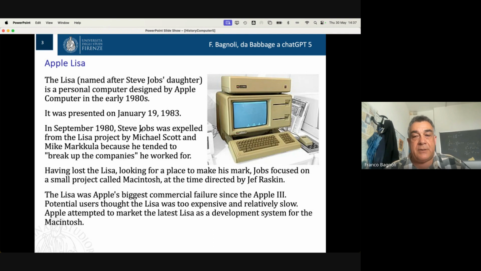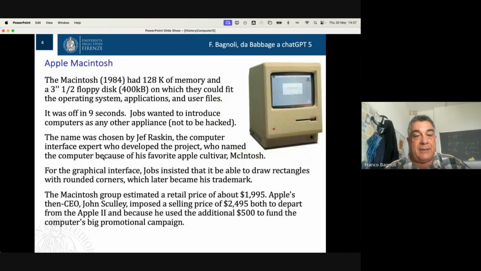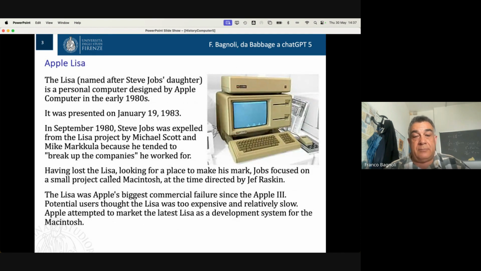Since Steve Jobs was always trying to impose his choices, he was expelled from this project, and so, having nothing to do, he focused on a small project called the Macintosh. It had essentially the same interface as Lisa, which, if you remember, was copied from the work done at the Alto Research Center from Xerox.